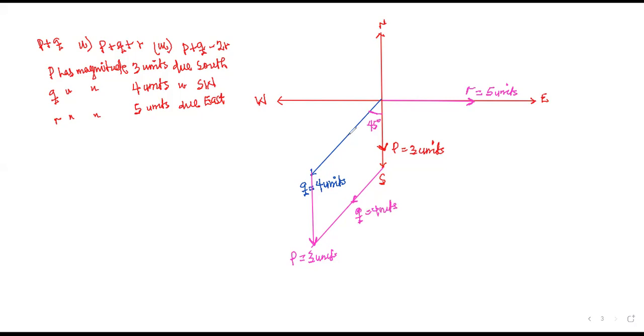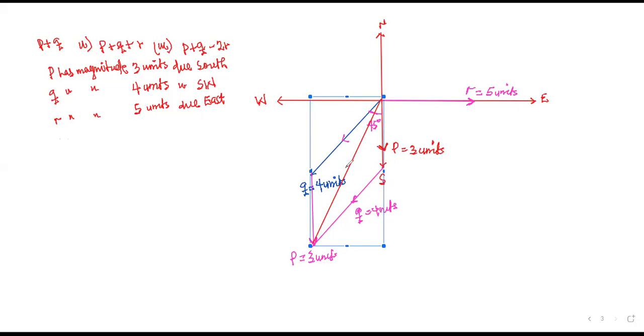Now, whether you look at it from this side to this side or from here to here, you realize that the resultant will be drawn from here to here. Let me change the color. This can represent the resultant.